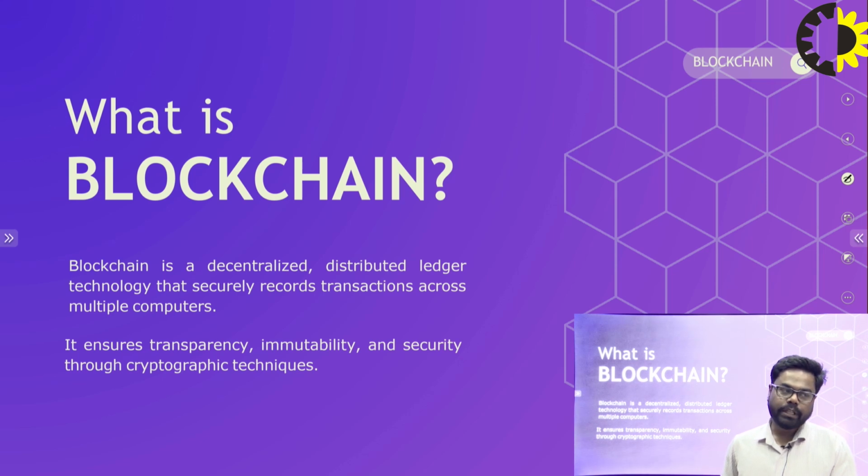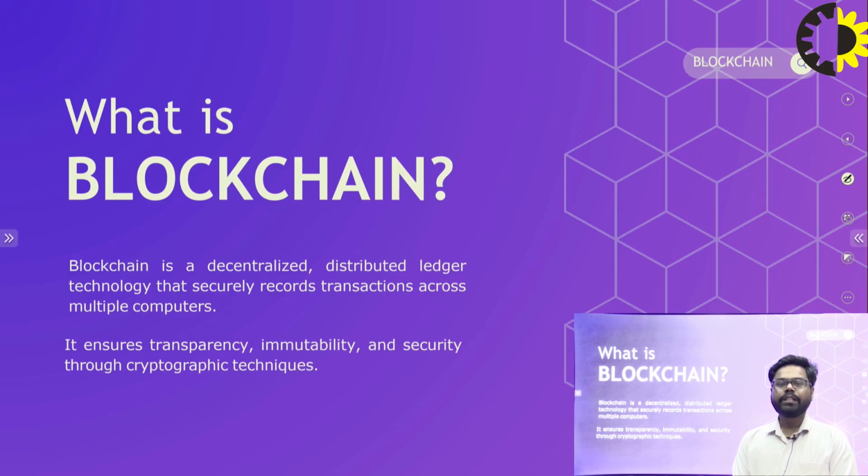Then distributed ledger. What is the ledger? I am going to explain it here. And the technology that securely records transactions across multiple computers, means you are giving the transactions over the multiple computers where blockchain is used. It ensures transparency. Immutability, you can't change the data. And security through cryptographic technique.